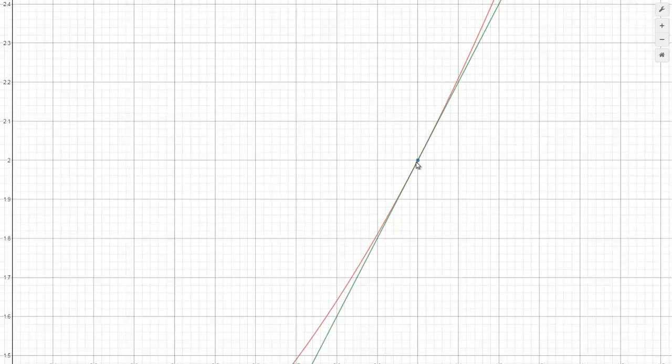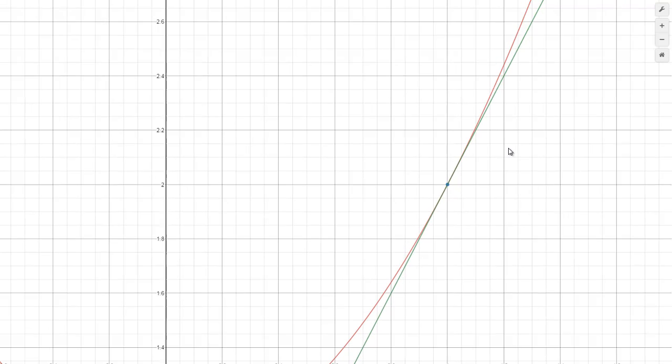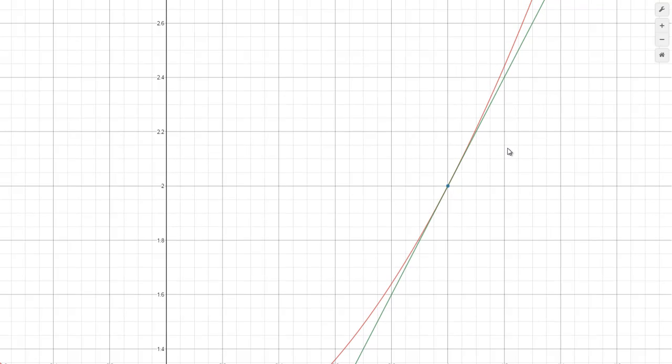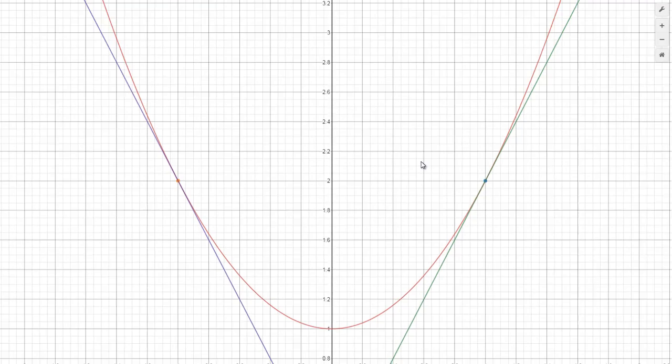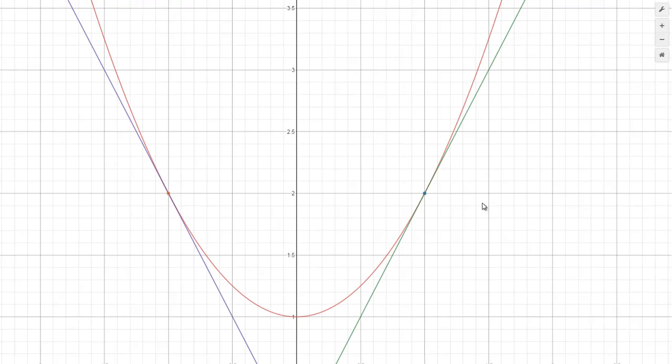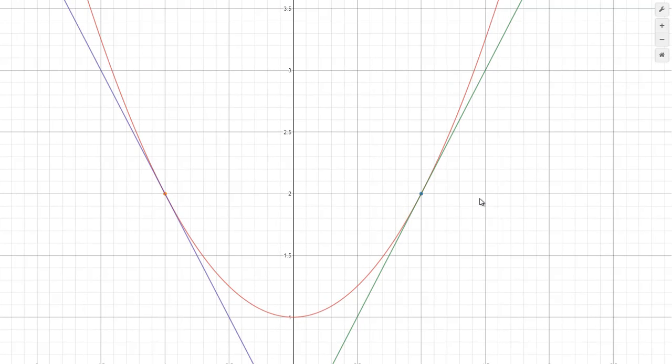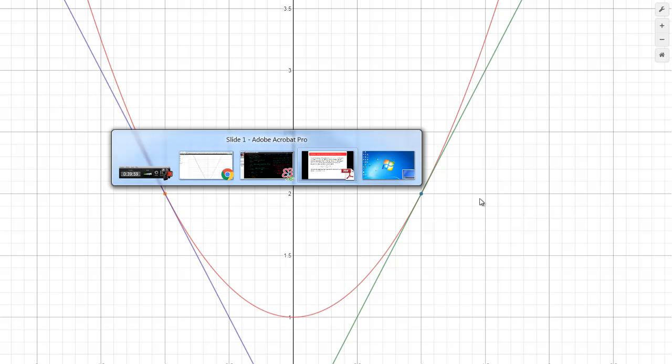The tangent line and the curve x squared plus 1 are only touching at a single point. Again, it's hard for the software even to render that happening because you would have to zoom in infinitesimally to see that. But that's what a tangent line is. Okay? So let's do a little more work. Let's figure out some different scenarios. What other kind of neat things happen with tangent lines?